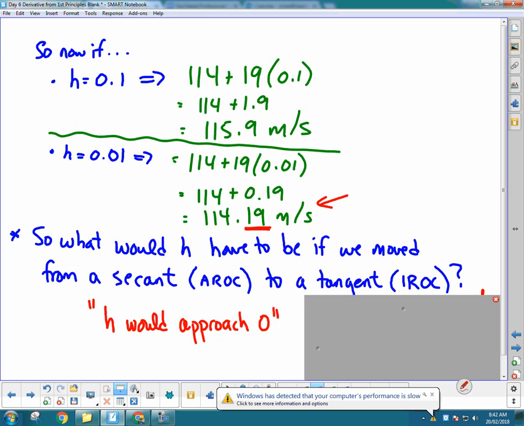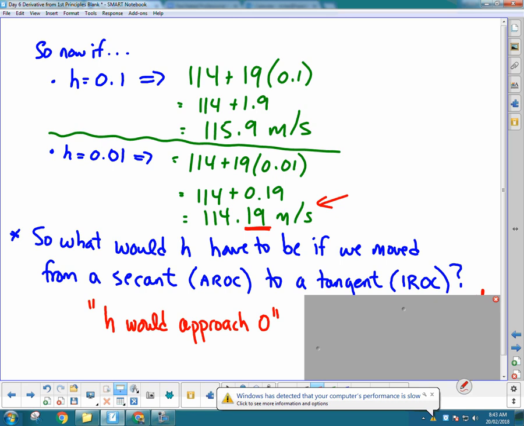So in order to move from a secant, which is a very good estimate of the slope of the tangent, or the steepness of the curve, we know that a tangent is better. And if h could get really, really close to 0, we would have a really, really good estimate. And in fact, if it was 0, we would have the actual steepness of the curve.